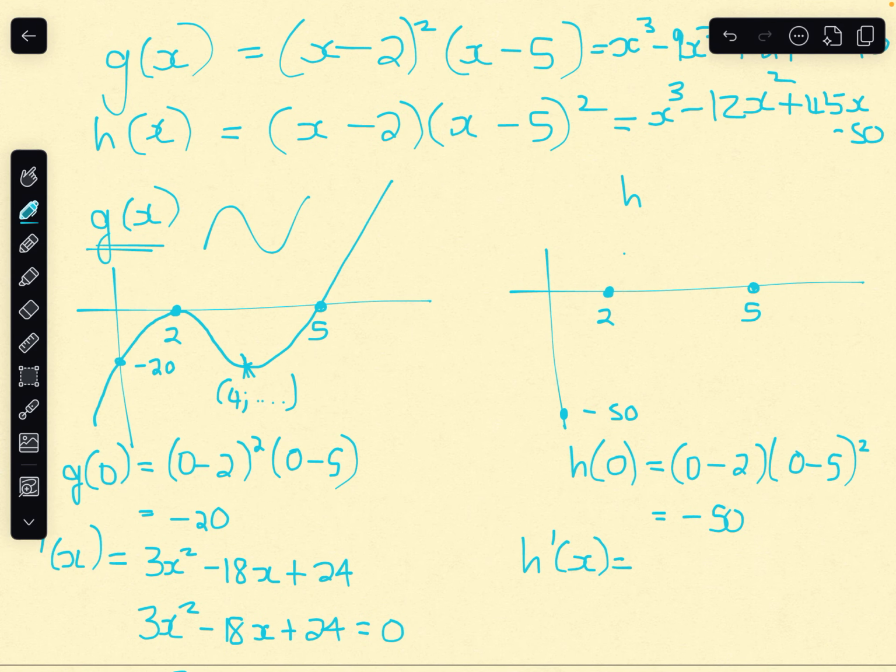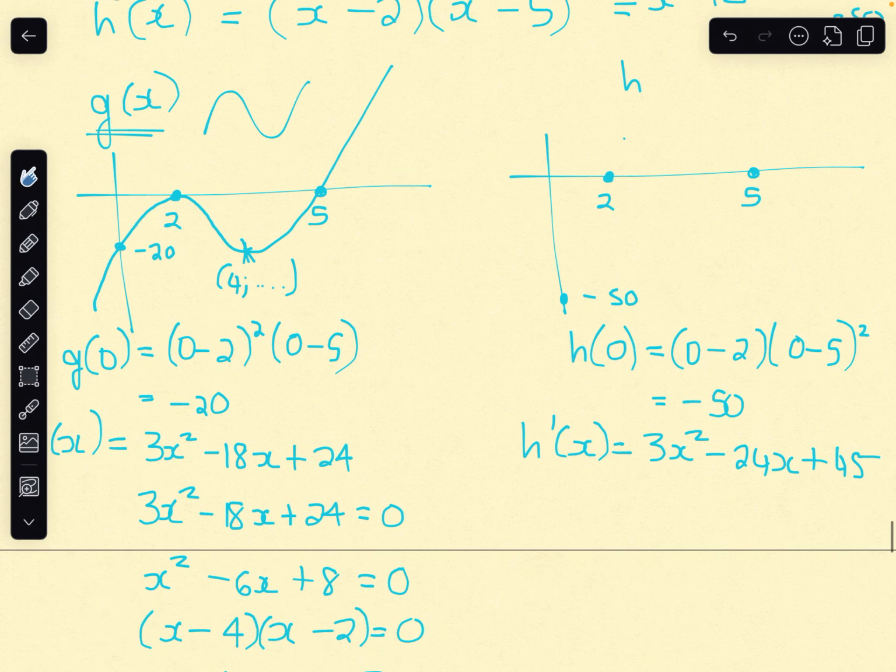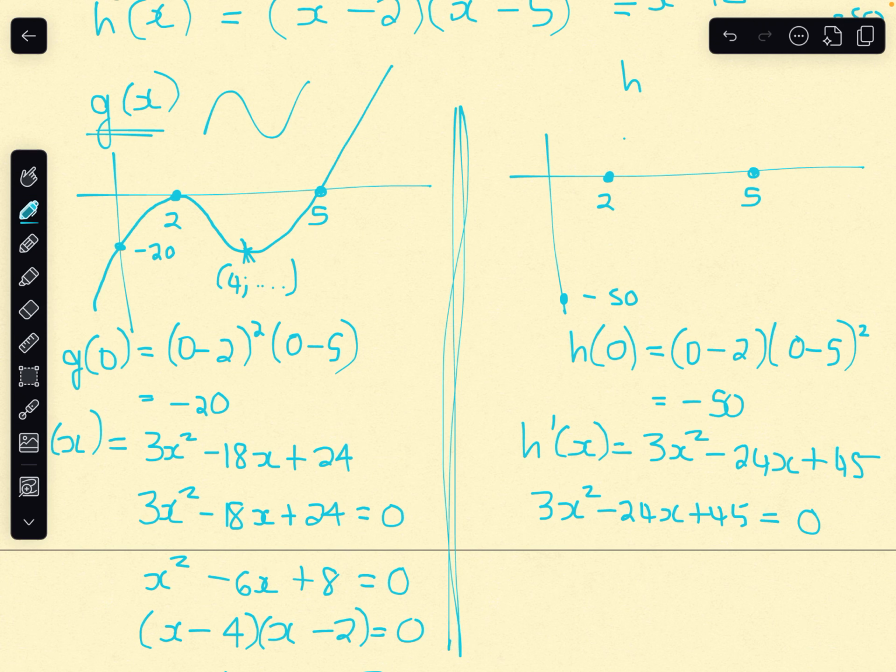And then for the other one, h prime is going to be 3x squared minus 24x plus 45. And then the turning points will occur over here. Divide through by 3.